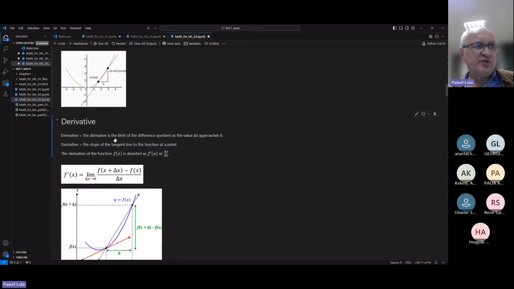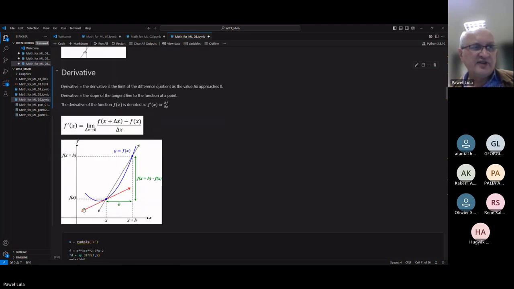Then, in this situation, the slope of this line, which touches the graphical representation of this function, is different. This line is presented here. This red line we will get if h is very small.